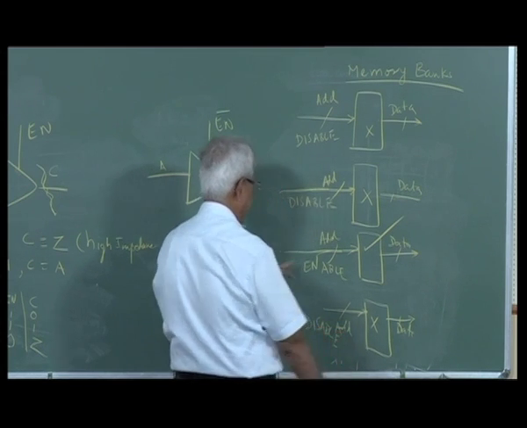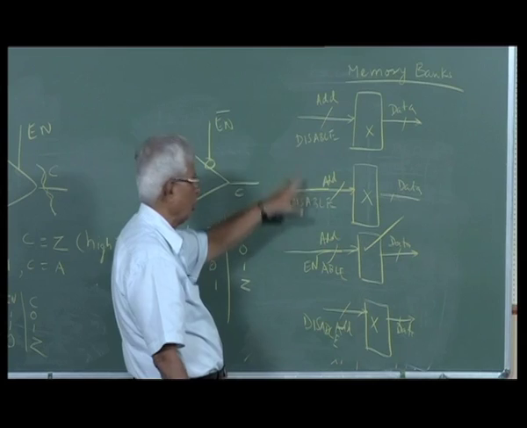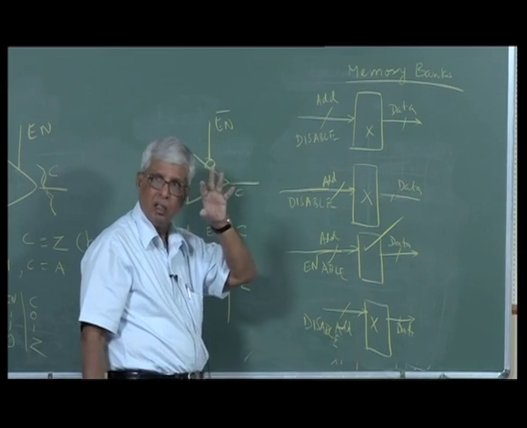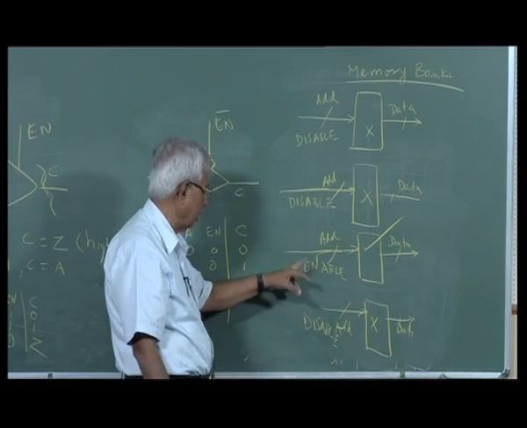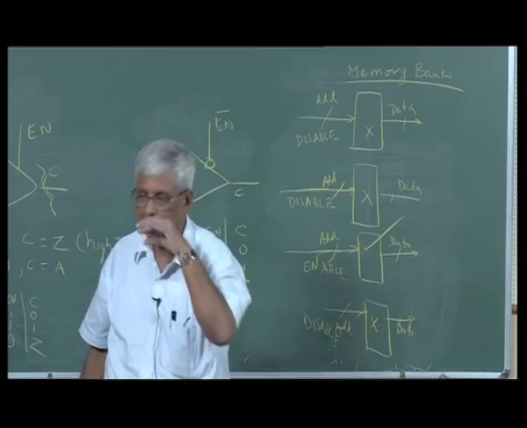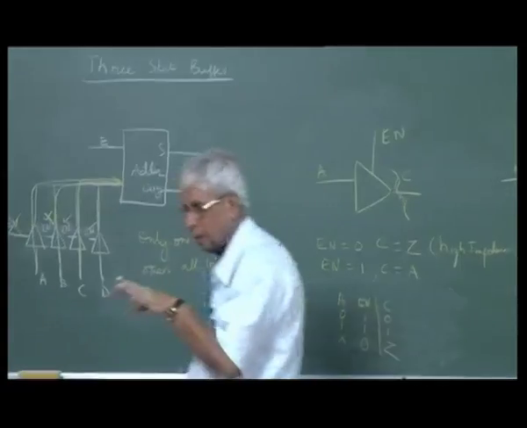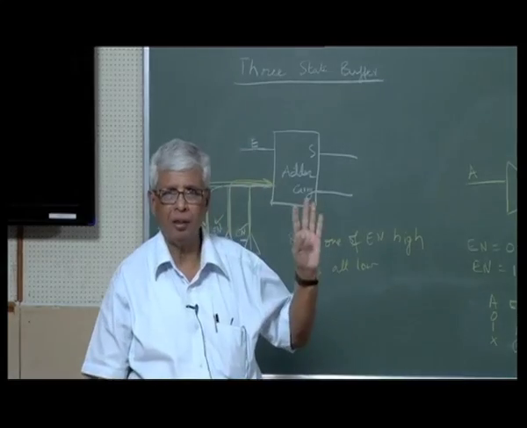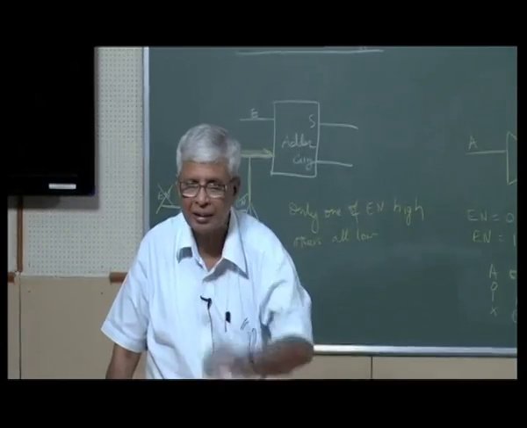So this can be EN1, it can be EN0, EN0, EN0, or low level enable, this can be EN0, this can be 1, 1, 1. This is one simple application. Several applications exist. We will not talk about it now, but I want to tell you this reason for this.